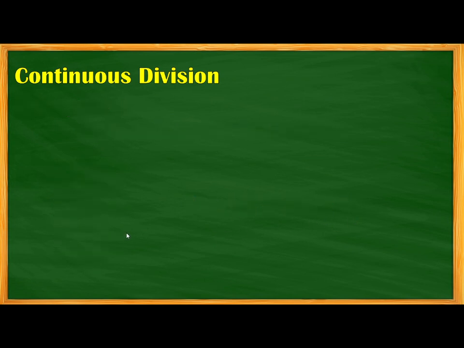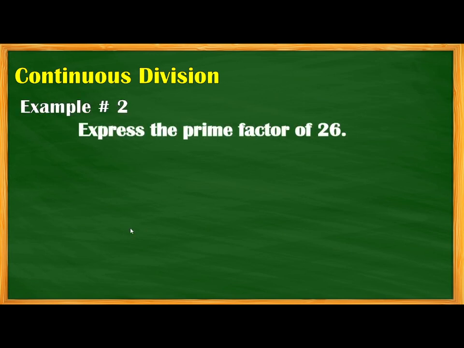Again, let's have an example to further analyze continuous division. Express the prime factors of 26. So 26, use the continuous division bar. Let's divide this by 2. 26 divided by 2, the quotient would be 13.